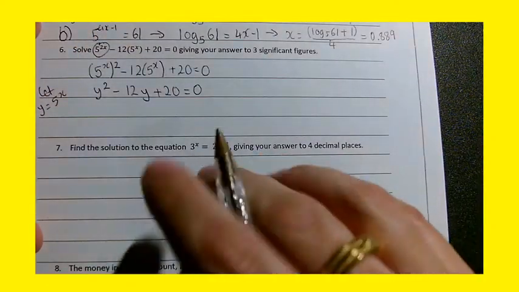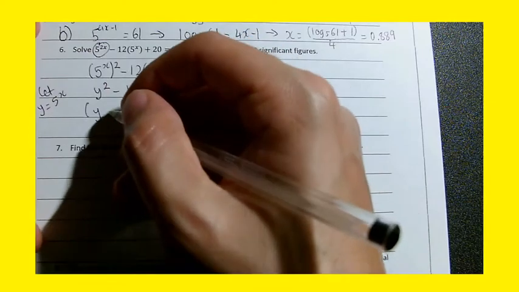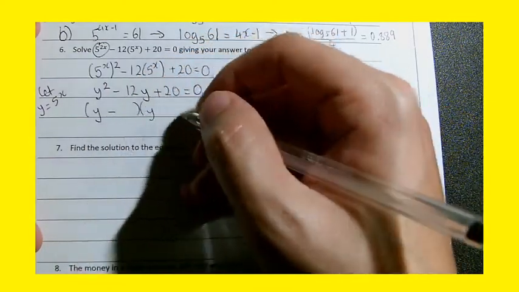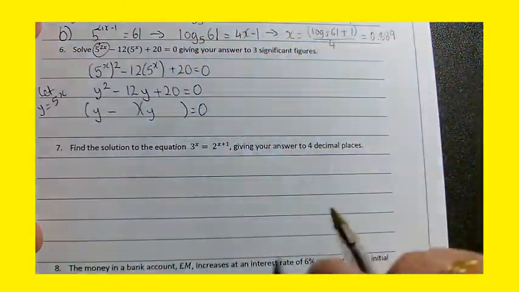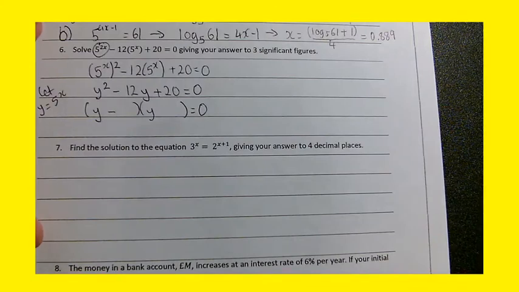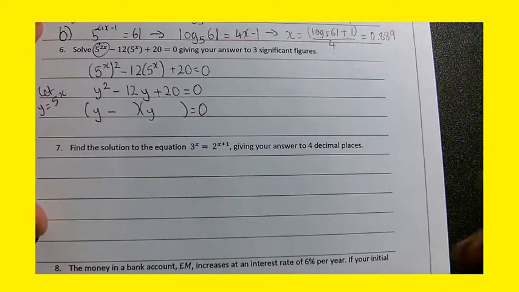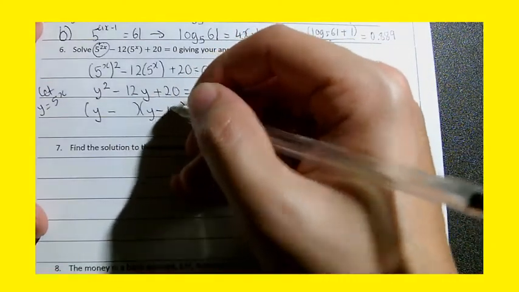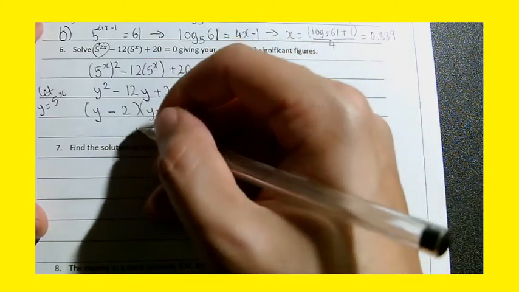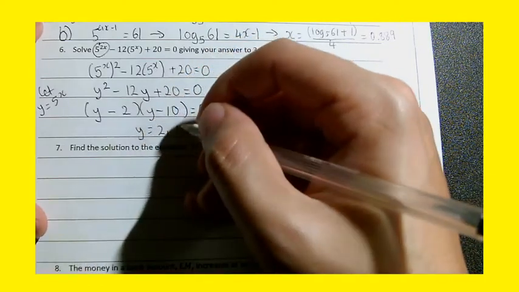Okay. Now I'm going to factorise this. I'll get y. Now two numbers that multiply to give you 20, but somehow add to give you 12, so it's going to be something to do with 10 and 2. So y minus 10, y minus 2, so y equals 2 and 10.